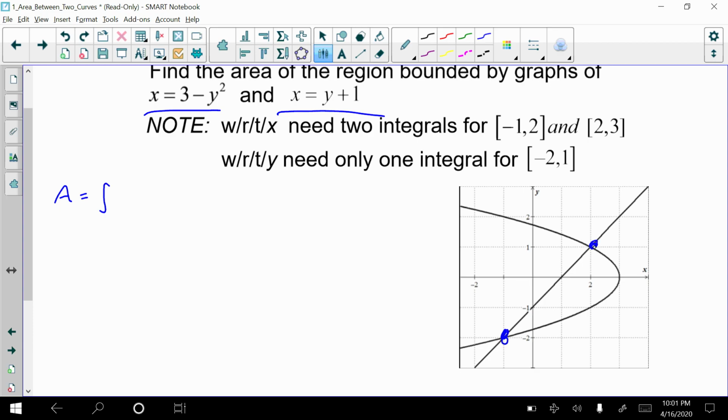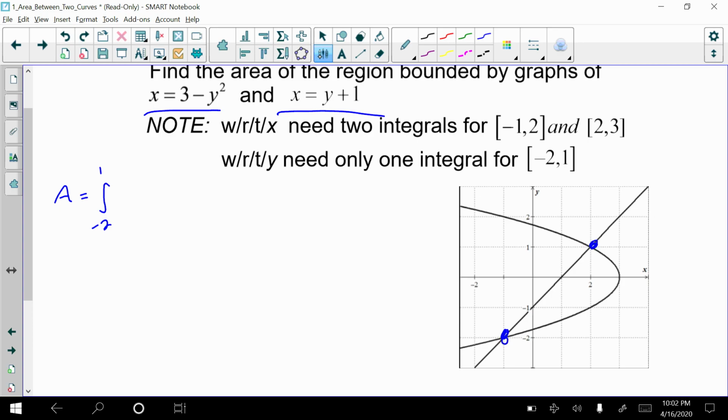But of course we're looking at it in terms of the smallest y number to the biggest y number. So the smallest y number is at negative 2, and the biggest y number is at positive 1. That is how we determine the interval, from the lowest y value to the biggest y value, just like what we do with x's.